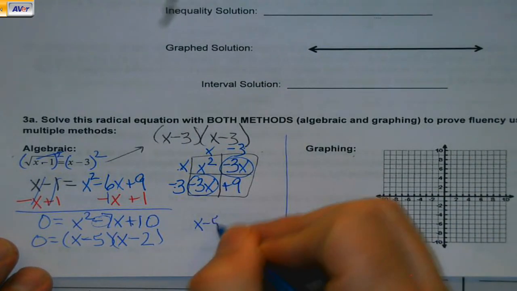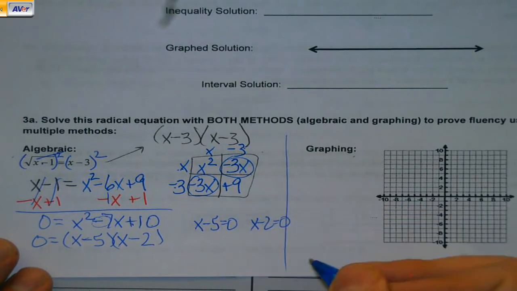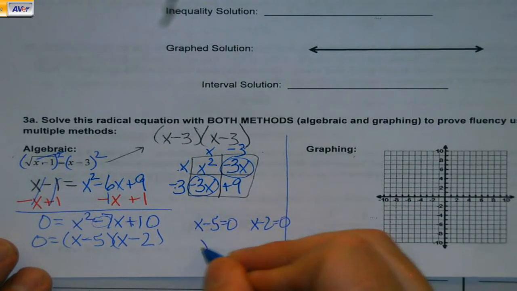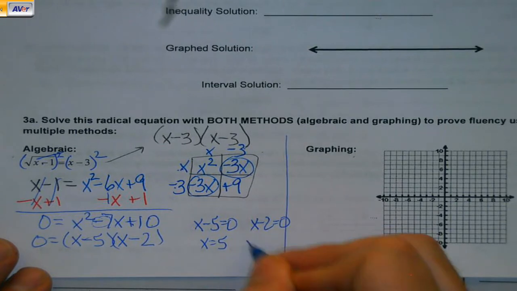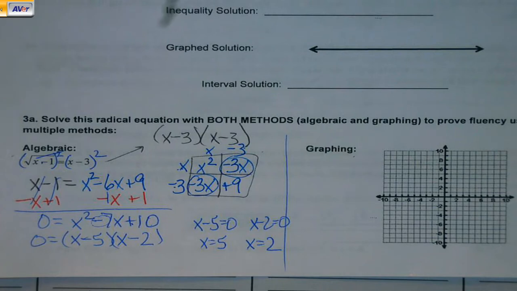I set each of those equal to 0. But before I go ahead and say, oh, that's the answer, and circle it and go on with my life, remember, especially when there's two answers, they both might work, but one may not.